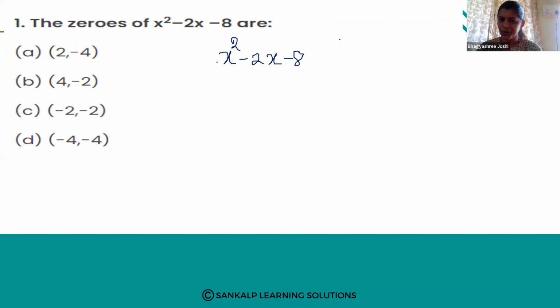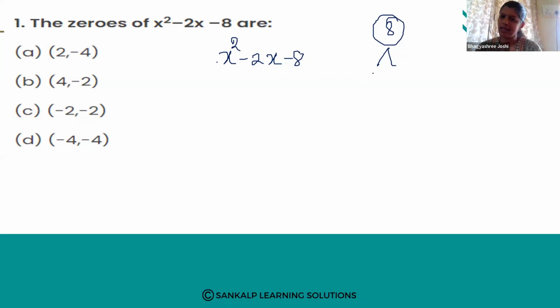A is 1. 1 into 8 is 8, right? Now choose two numbers such that the product is 8 and, if you do addition or subtraction, the middle term, minus 2, should come. So choose two such numbers.